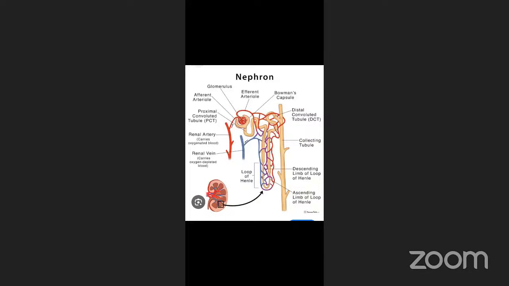When the amount of salt in the body fluid is lower, then it causes more reabsorption of salt back to the bloodstream by the aid of the aldosterone hormone. Because we know that salts have been filtered out at the glomeruli. But when the salts are high, there'll be reduced reabsorption of salts back to the blood system.